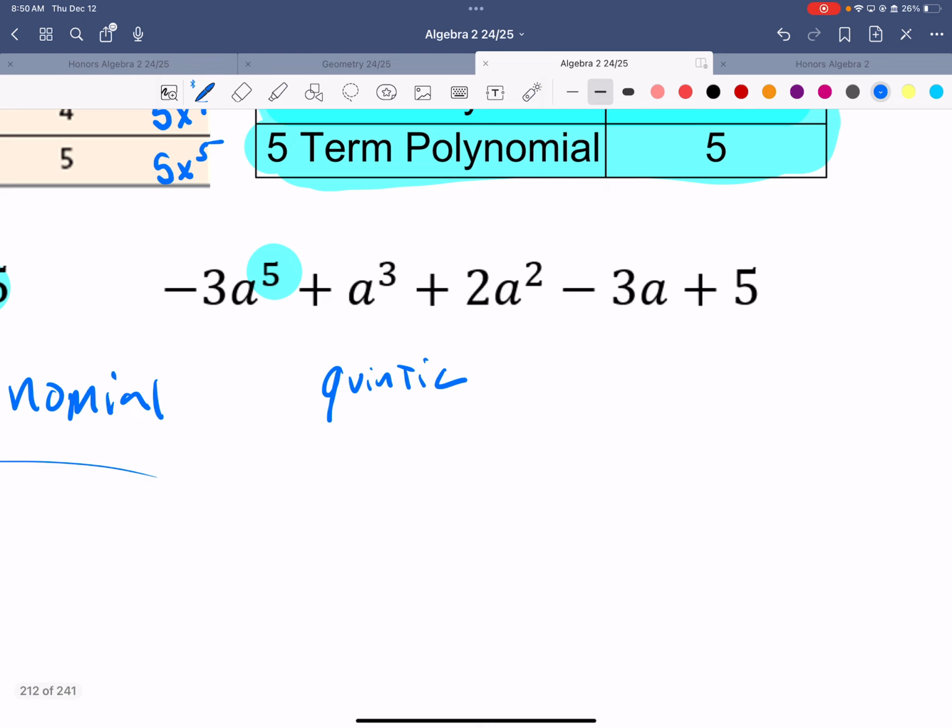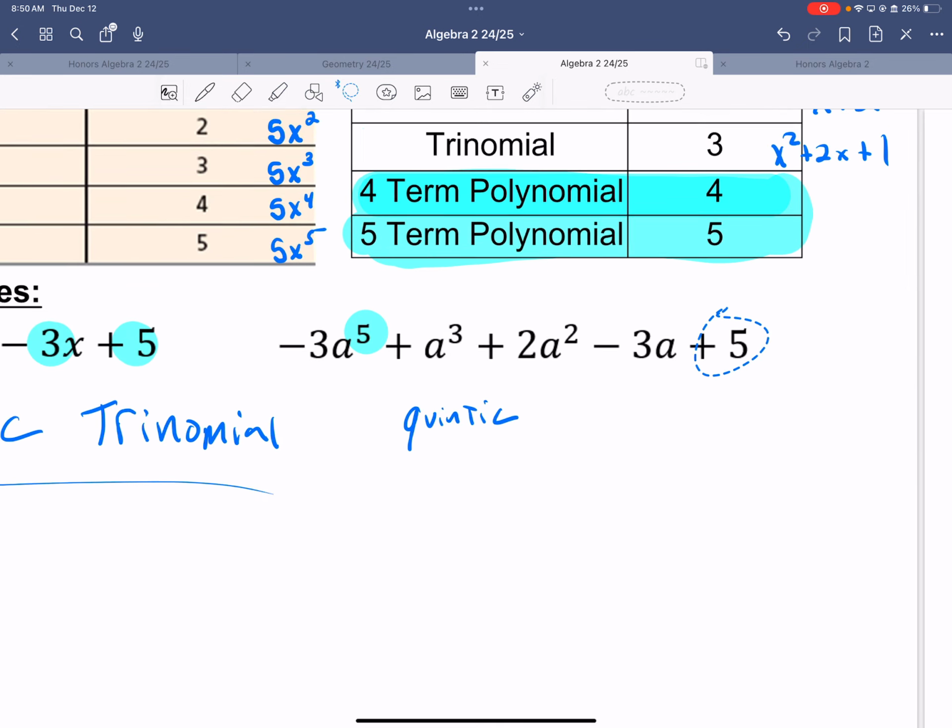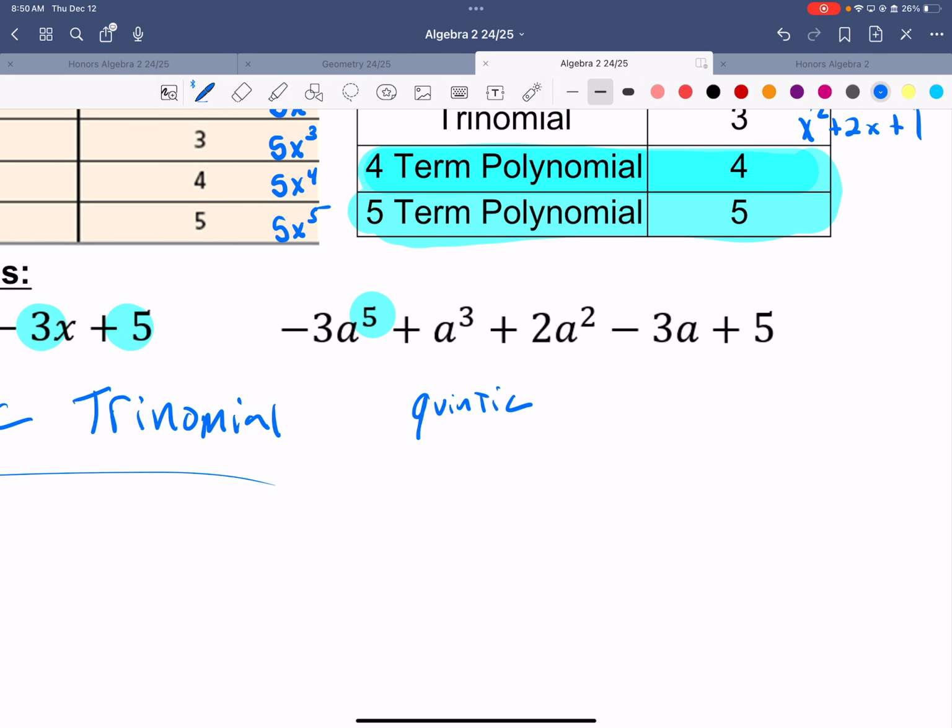And it has 1, 2, 3, 4, 5 terms. So we call it a quintic 5-term poly, if you were asked to name it. And again, anything more than 4 terms, just give it the number of terms, and call it that number of terms polynomial.